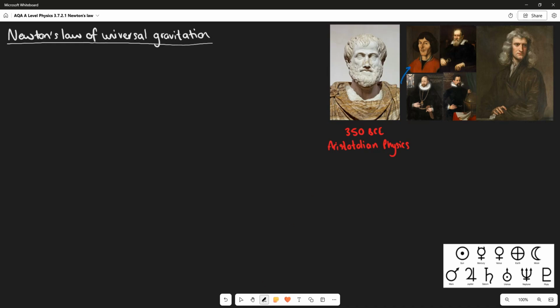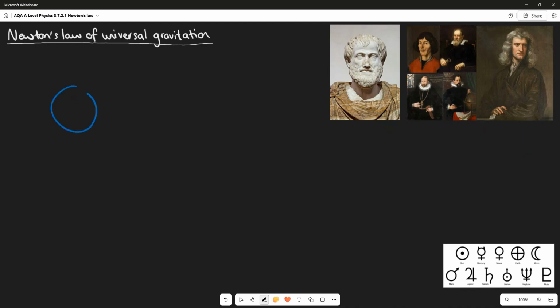It wasn't until Copernicus, Brahe, Galileo, and Kepler, and eventually Newton in 1687, who published his Principia, that Aristotelian physics was abandoned, almost 2,000 years later.